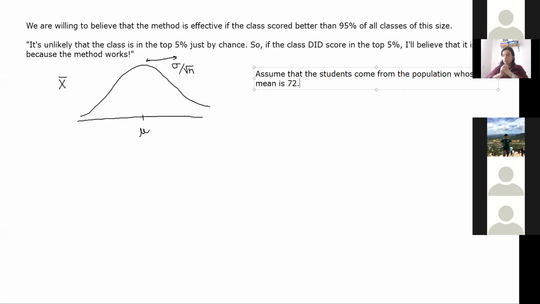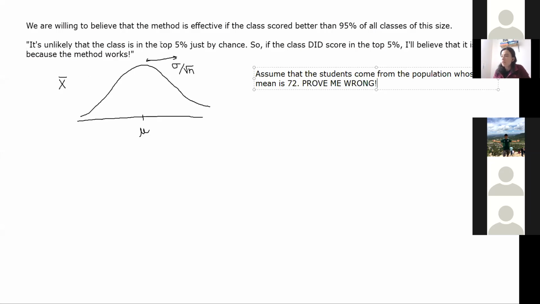And what this teacher is going to have to do is to prove me wrong. So in hypothesis testing, we're always assuming that nothing happens unless you give me enough evidence to contradict me. Okay, so that means innocent until proven guilty. Nothing's happening unless you prove that something did happen.